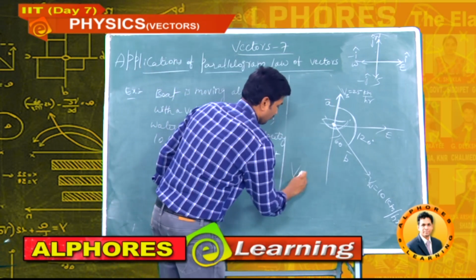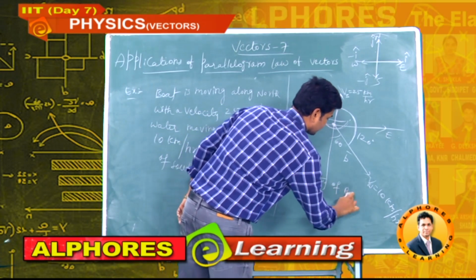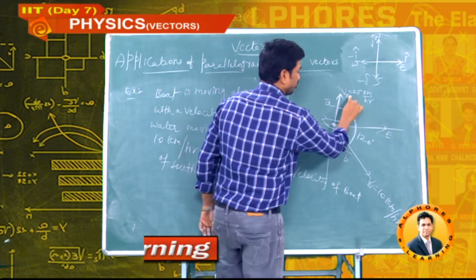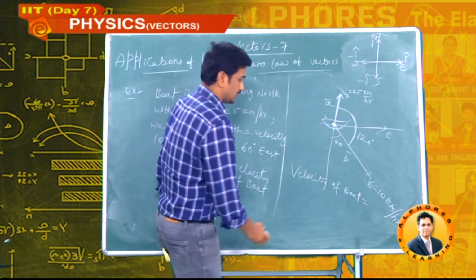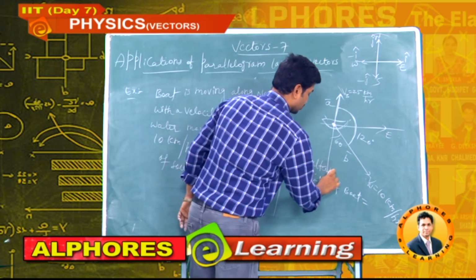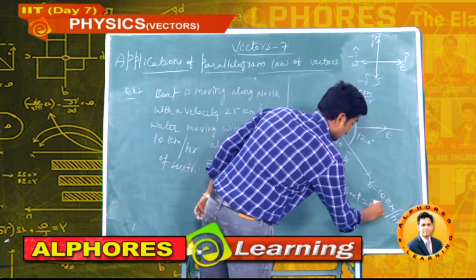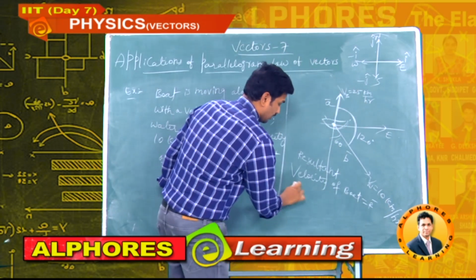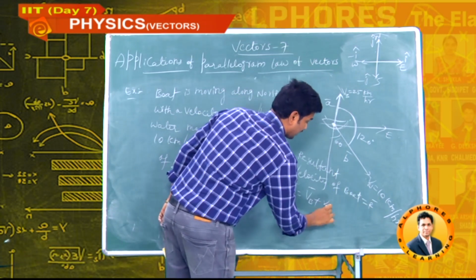This is the velocity of the boat with respect to ground, it is the resultant velocity. Can I call it R bar? R bar is equal to VB bar plus VW bar.